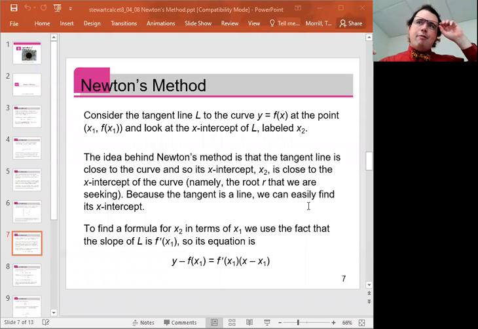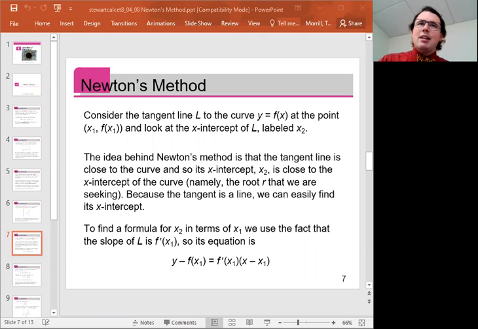Once I have the formula for this tangent line, the next thing that I did in my picture was to find where that tangent line intersects the x-axis. Well, that's pretty fancy, but all I'm really asking is, what's the zero of that tangent line?